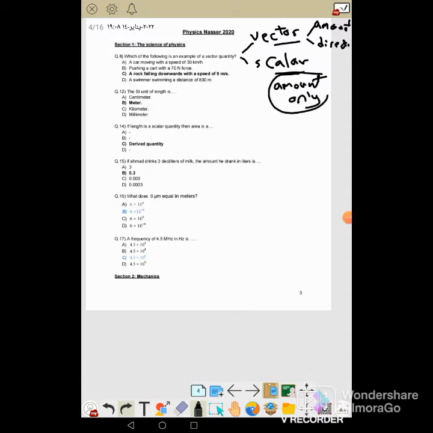So the difference between a vector quantity and a scalar quantity is that a vector quantity is determined by two factors, amount or magnitude and direction.